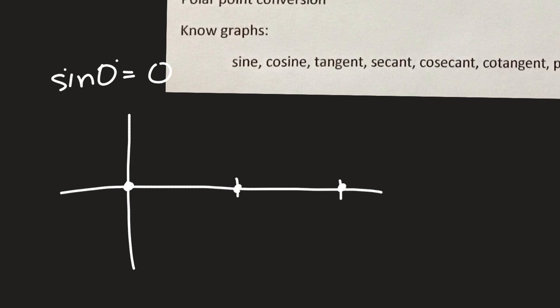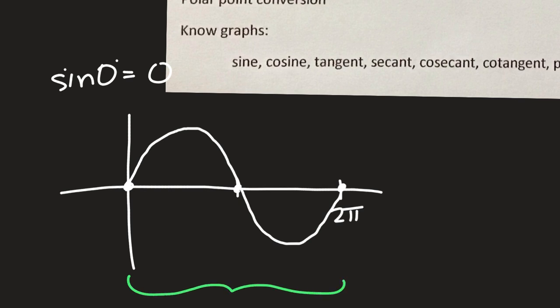Remember, a period is the length of time, quote unquote time, that it takes for the graph to make one complete revolution. A sine needs to go up to a max, back to a 0, down to a min, and then back to your max. That is one complete cycle, one period for your sine graph from 0 to 2 pi.